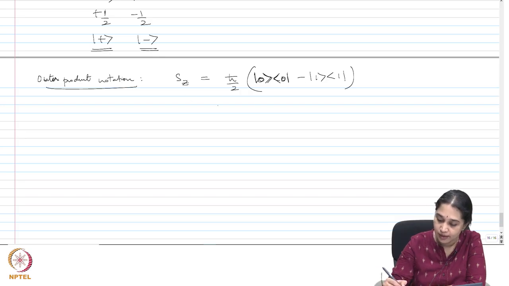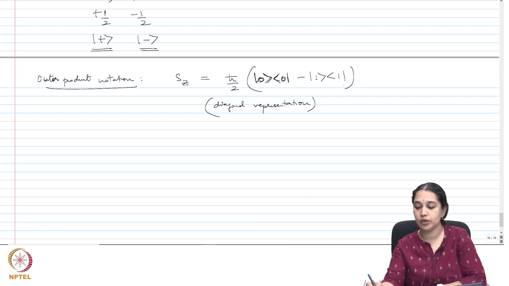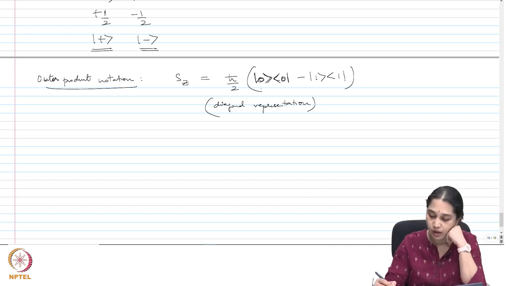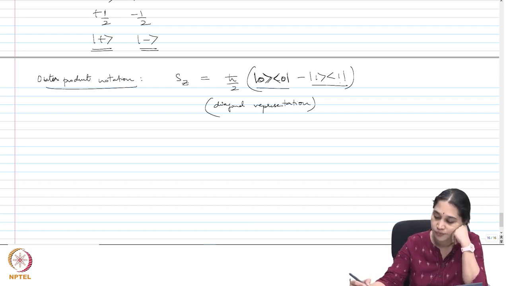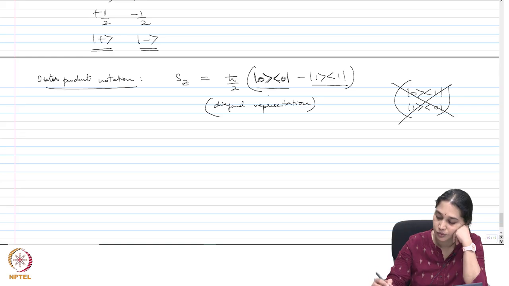You see that Sz has a diagonal representation, and so when I write down the outer products, there are only two outer products that feature here. The cross terms |0><1| and |1><0| do not occur in this expansion, so it's only the diagonal terms. And this is again reflective of the fact that 0 and 1 are eigenstates.